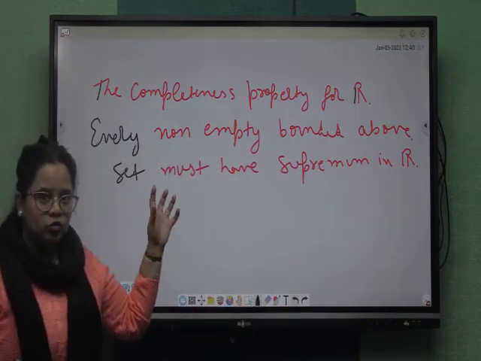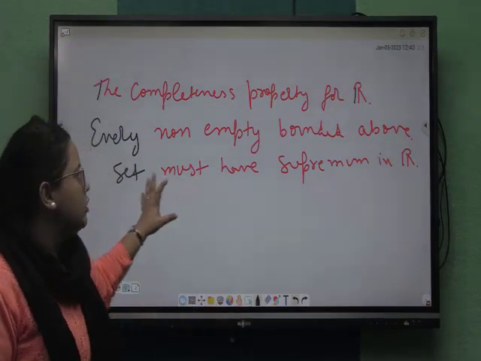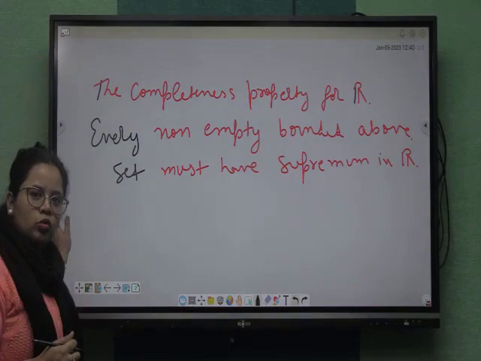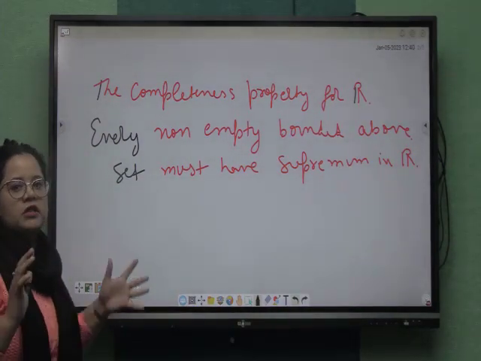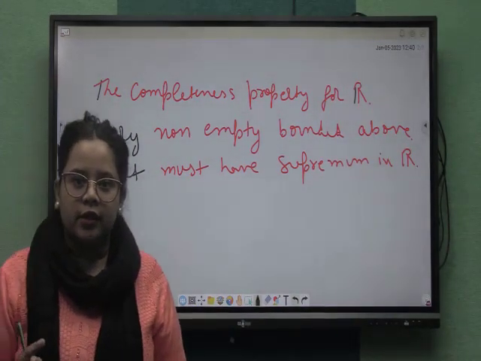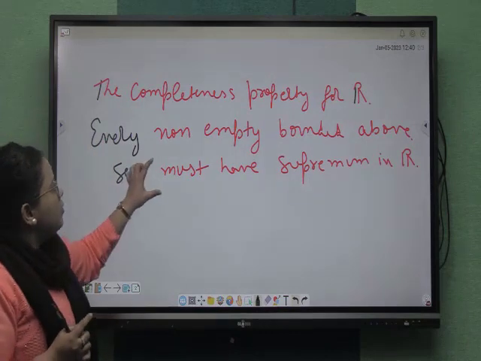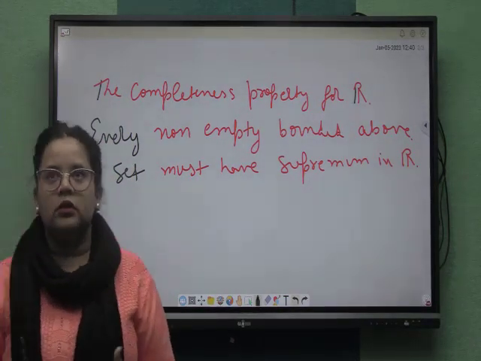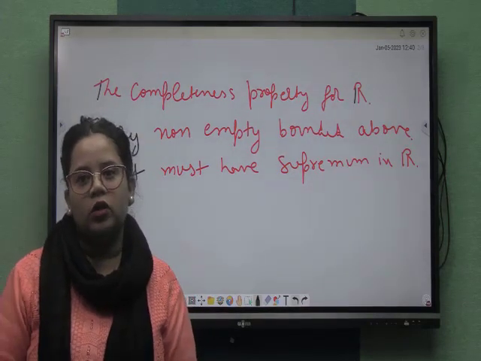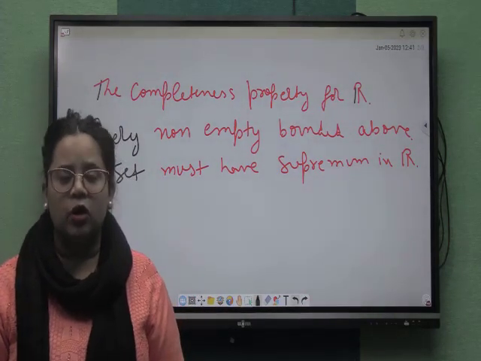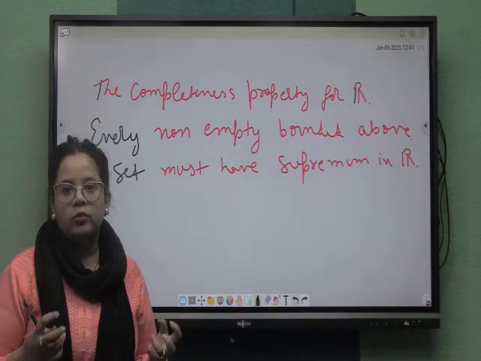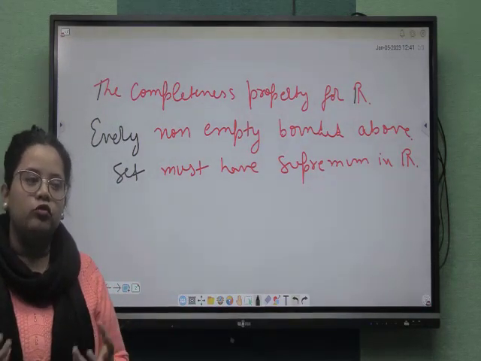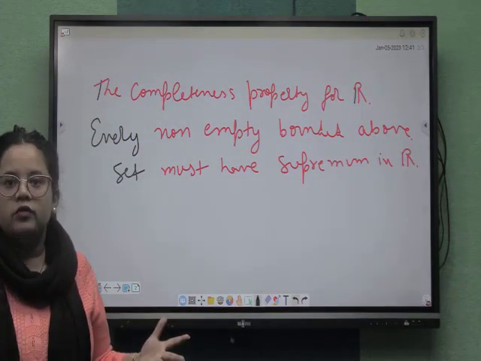Okay, so before studying this lecture, we must know about upper bounds, lower bounds, supremum, infimum. We must have information about these things. So every non-empty bounded above set must have a supremum. It seems obvious that if it is bounded above, there will be an upper bound, so we can always choose a least upper bound. But we all know in mathematics we need a formal proof of things which are infinite, okay?